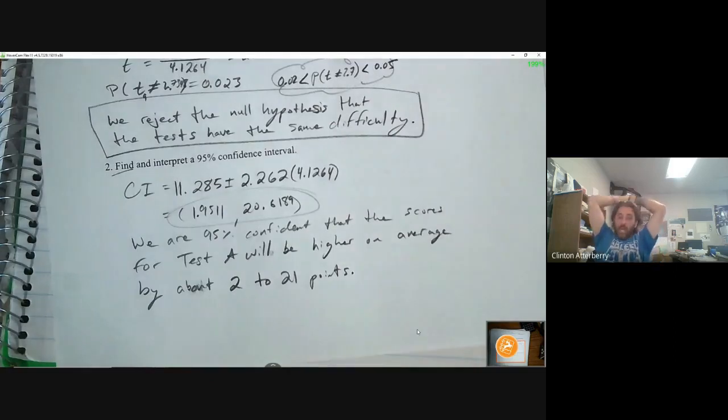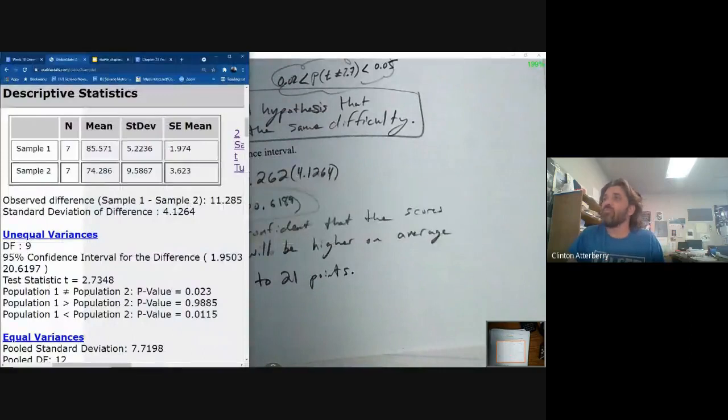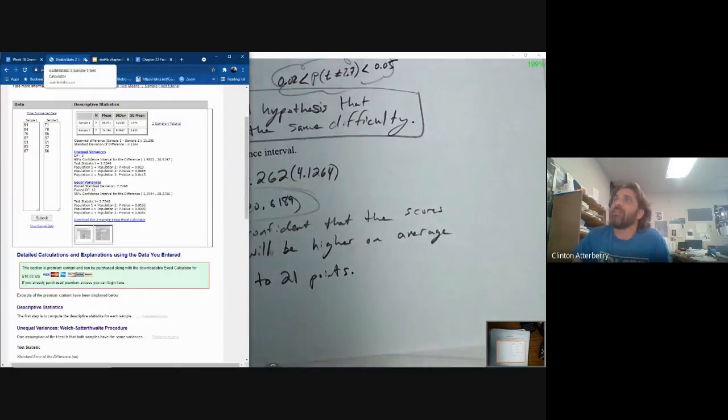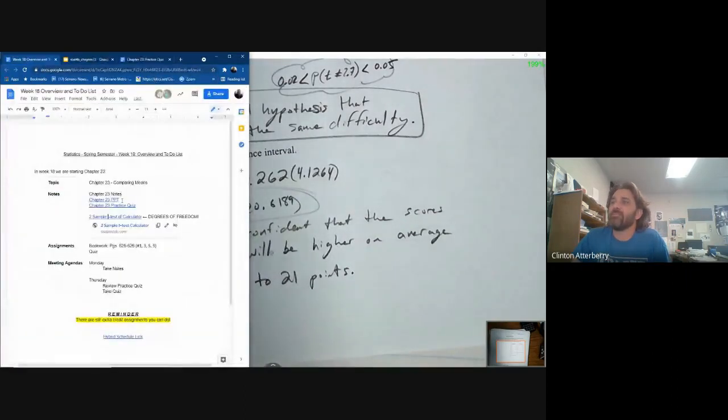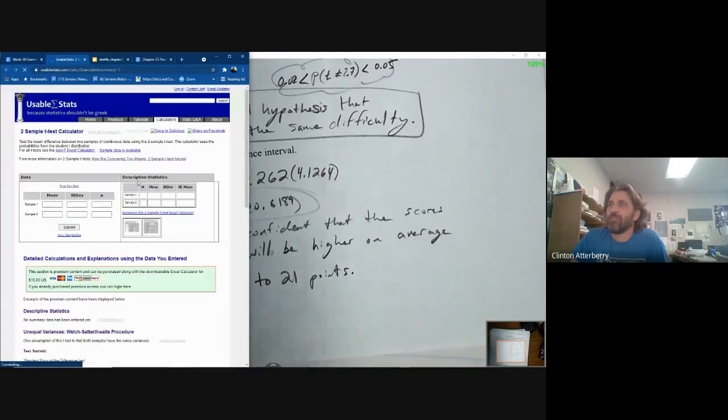So what I recommend doing, okay, is get very familiar with this website. Know that if you're here, click on this 2-sample t-test DF calculator. It's going to bring up this web page. Make sure you're on the raw data, because you don't know the mean and standard deviation and sample size just yet.